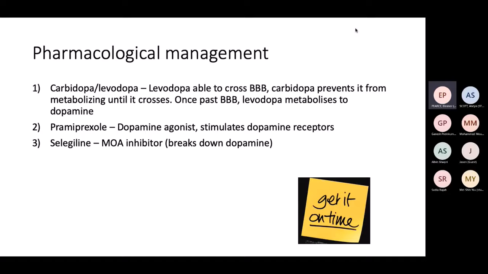Does anybody know an odd side effect of MAO inhibitors? Something that we have to warn patients about before giving them?